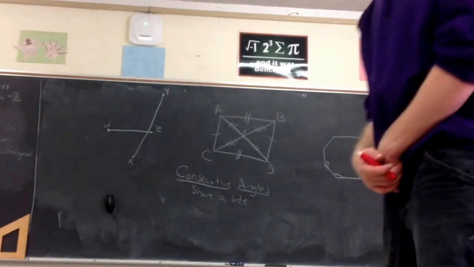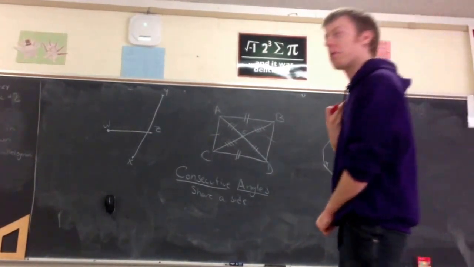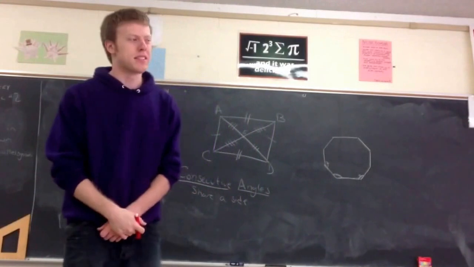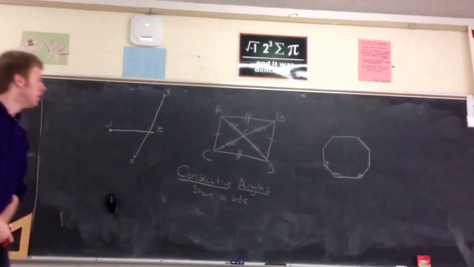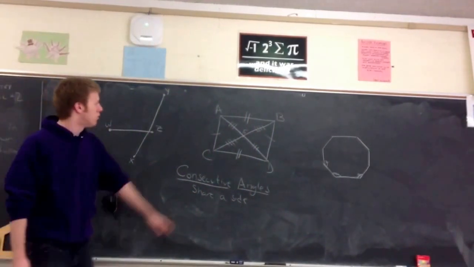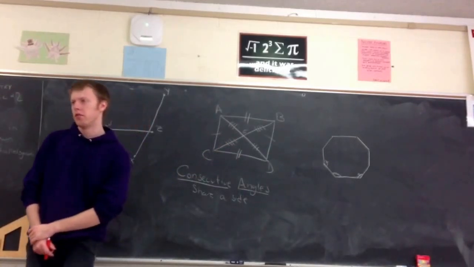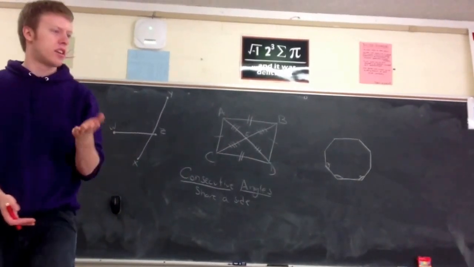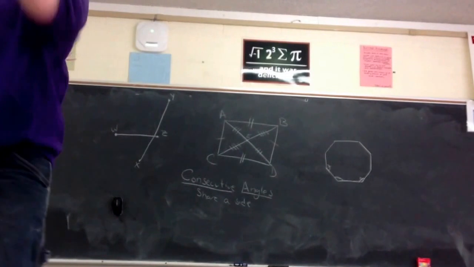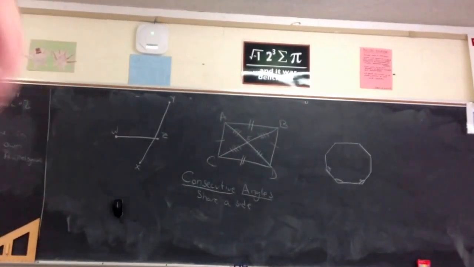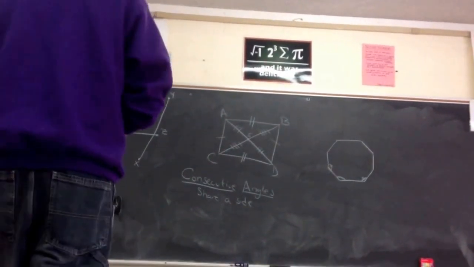Another way to think about bisecting, and I like this definition a little better than splitting into two congruent parts, is that it travels through the midpoint of a segment. A segment bisector is a line that goes through the midpoint of a segment.